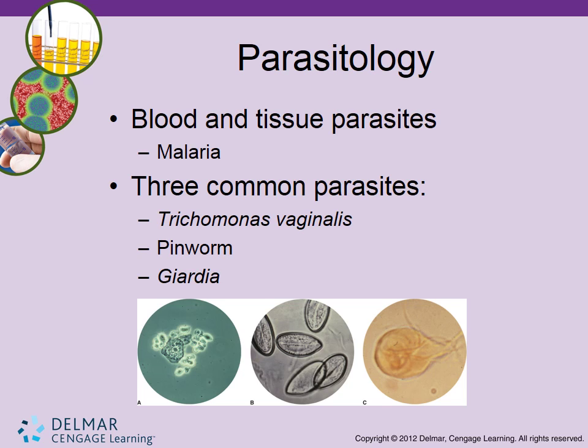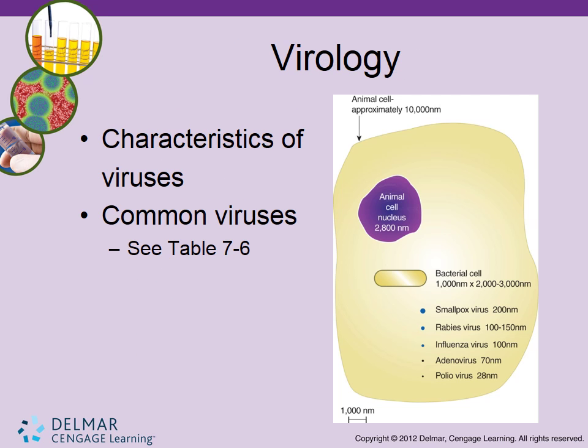Also in this chapter you have readings on parasitology. In parasitology, we look at blood and tissue parasites, and this slide is giving you three basic types. We'll be looking at those topics on parasitology in Chapter 8.